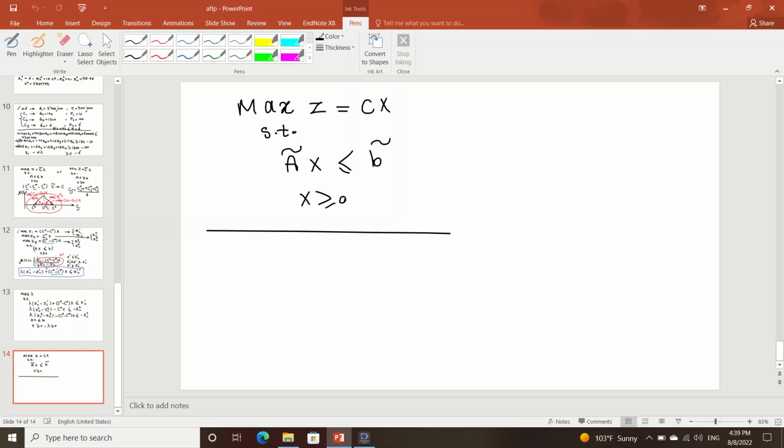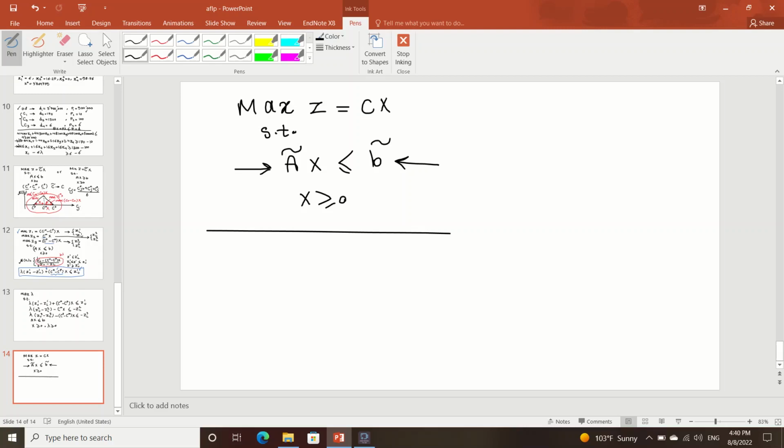For example, sometimes the technological coefficients of this constraint can be considered fuzzy numbers, and sometimes the right hand side numbers can be considered fuzzy.